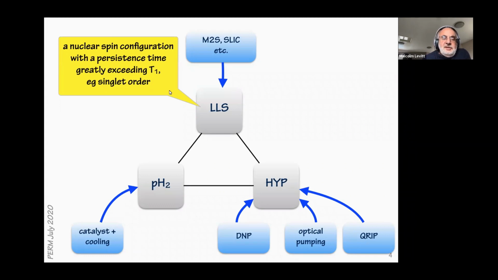A very important example, we've already heard a lot about it, is what's called singlet order, which is a population difference between the singlet state and the three triplet states in pairs of spins half. And there are various techniques for generating such states, starting from thermal equilibrium magnetization in ordinary NMR experiments. And we've already heard about some of those techniques, M2S and the SLIC method.